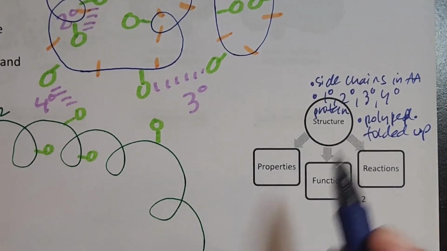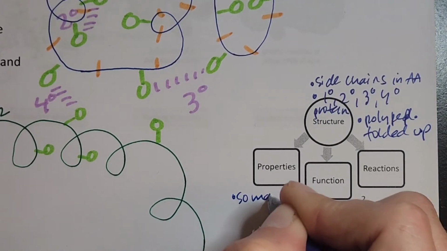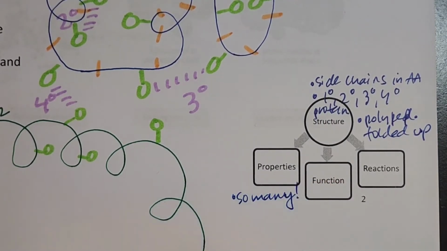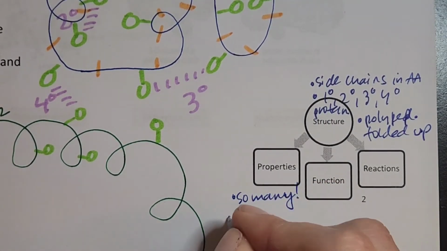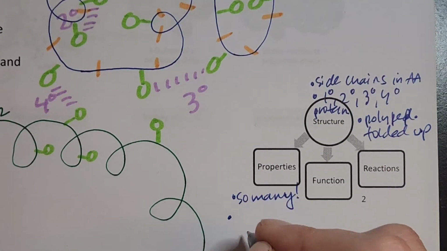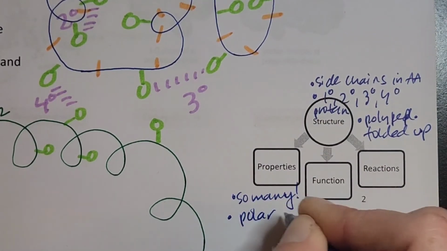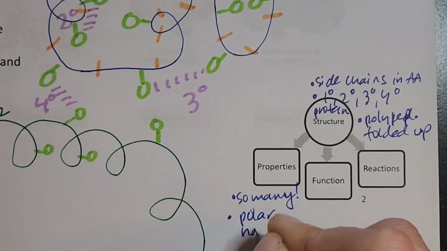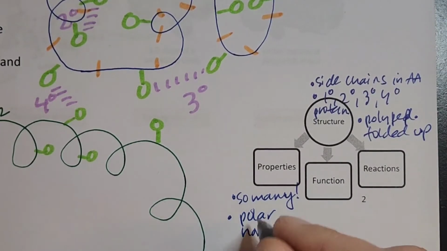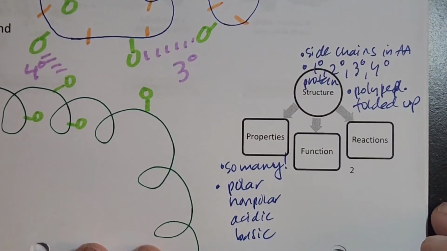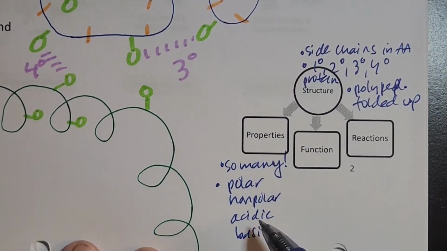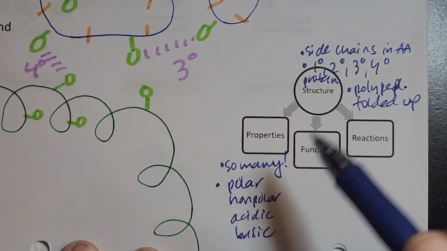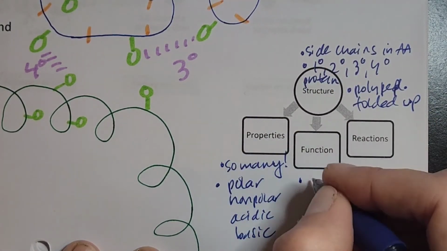As far as properties go, there are so many different properties of proteins. We will see just a few. And then other things we'll talk about with the properties is we will talk about regions of the polypeptides, the proteins that are polar or non-polar, or acidic or basic. So those will be some of our key terms that we're going to use as we talk about the properties. As far as the functions, again, properties and functions go together.